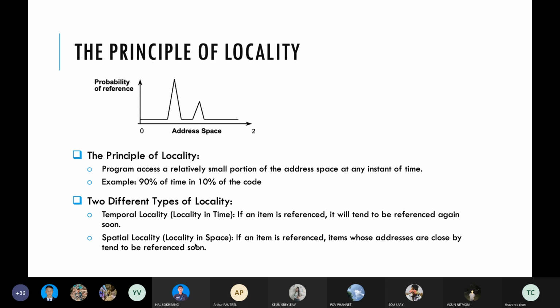Do you understand what I say? Okay. So we have two concepts here. One we call temporal locality, and second we call spatial locality. And these two types of locality are interpreted based on this real experiment, real graphic. All right.